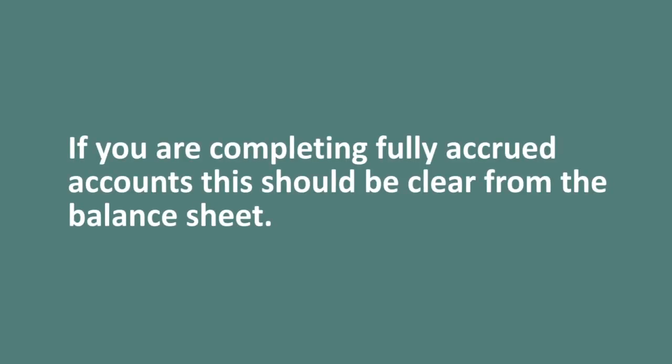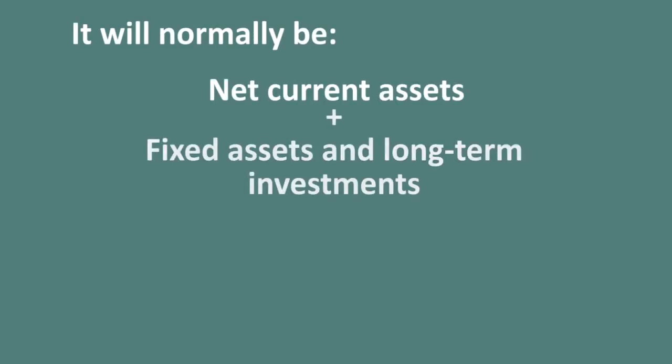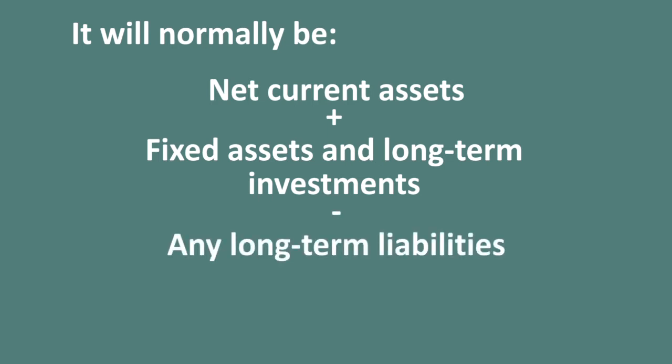If you are completing fully accrued accounts, this should be clear from the balance sheet. It will normally be net current assets plus fixed assets and the long-term investments minus any long-term liabilities.